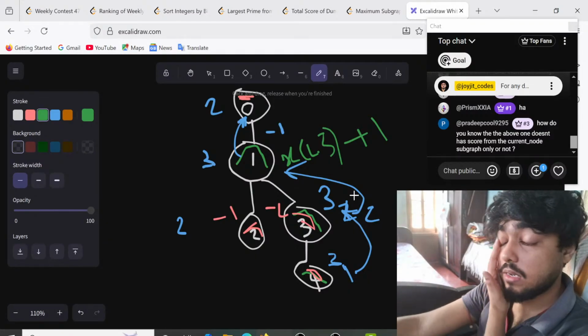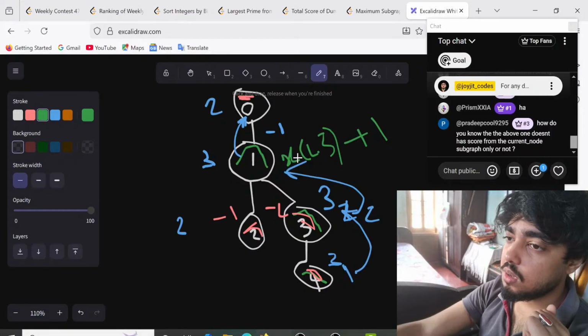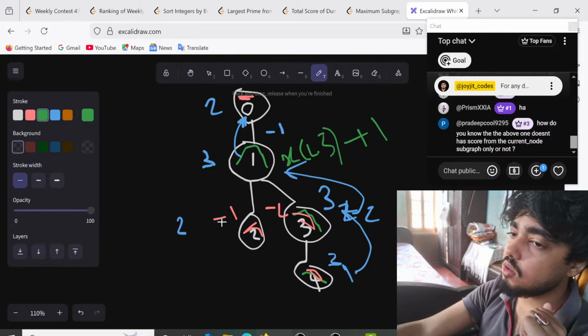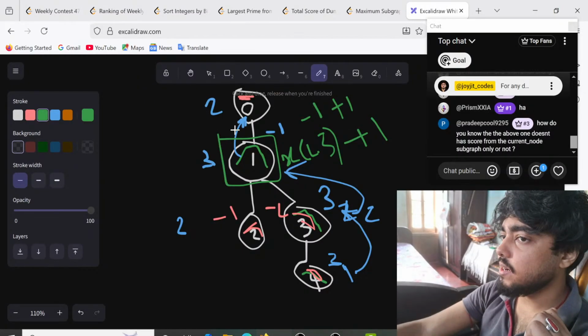Okay, doesn't matter. So I said score of 2, 3 plus 1, but this is wrong, because if I take score of 2, 3, it is -1 and -2, so that will make it -1 plus 1, that is 0. But why would I take it? I can keep it single-handedly also, right?